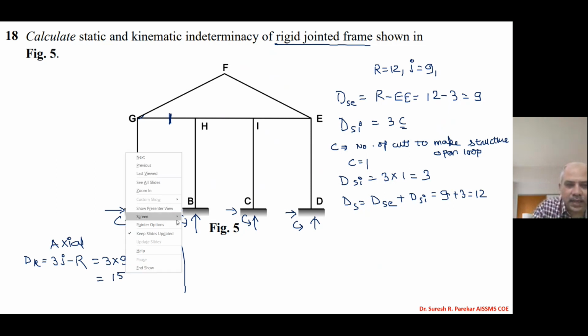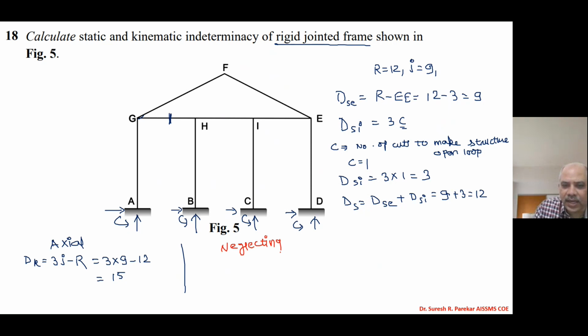Now then we have second, without axial deformation. So we have neglecting axial. In frames, there is no change in DS with and without axial deformation. Now here you can see we do not have any displacement. ABCD we have fixed. So we have theta 1, 2, 3, 4, and horizontal displacement at this level delta H1.